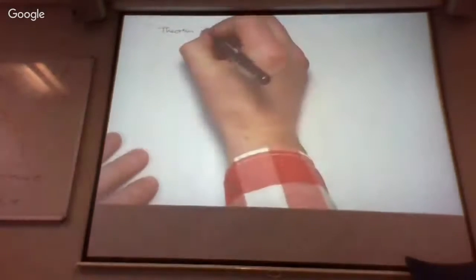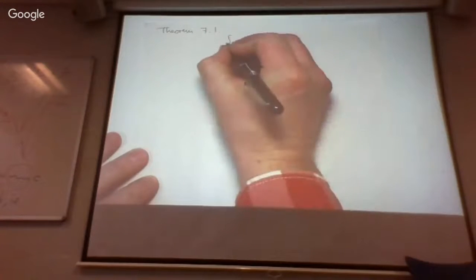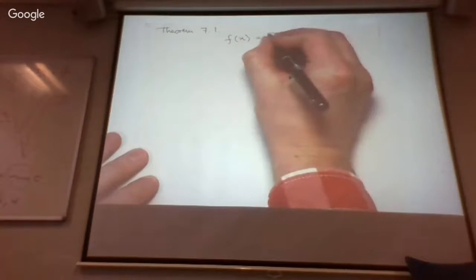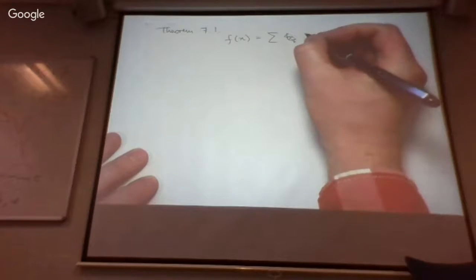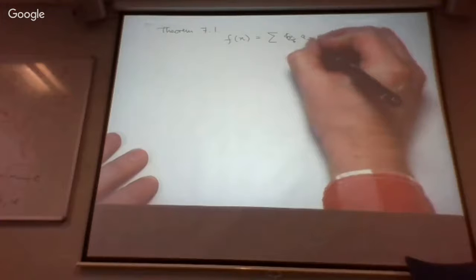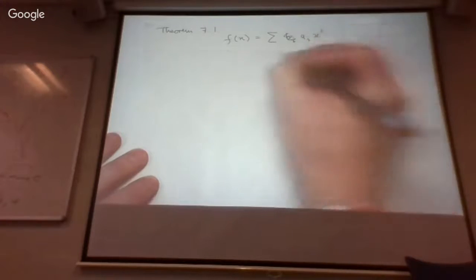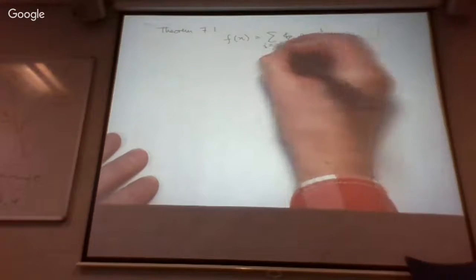Any questions about the statement of the theorem, first of all, or what it means? So we've got our f of x, our polynomial. I'll use the notation of the theorem: it's the sum of a_i times x to the power i, with i going from 0 to n.